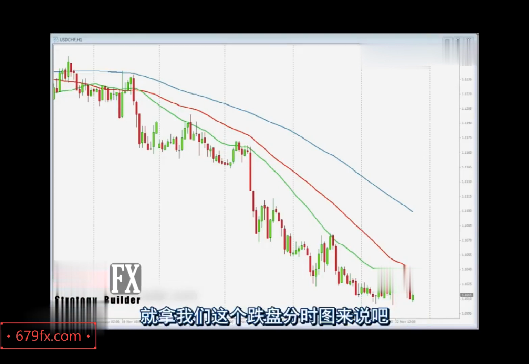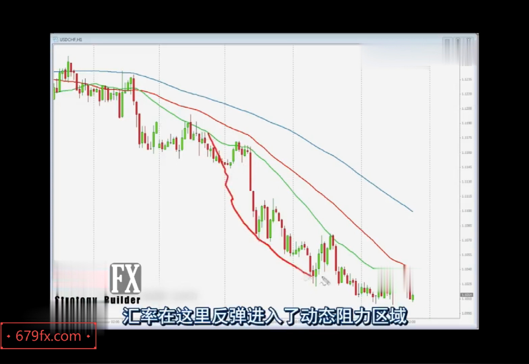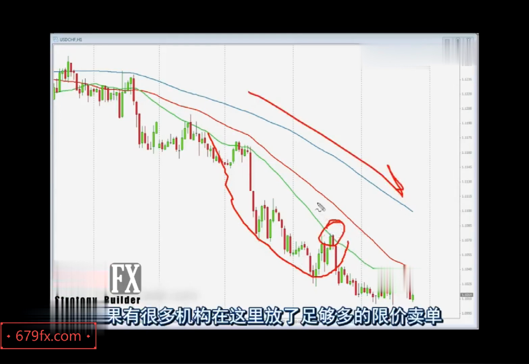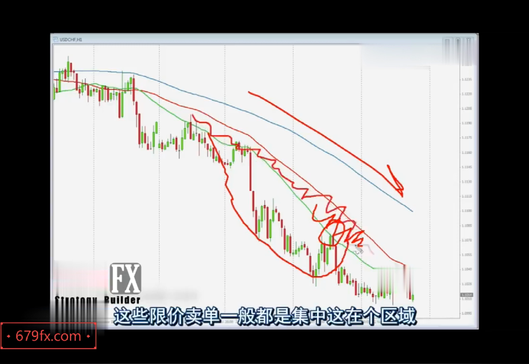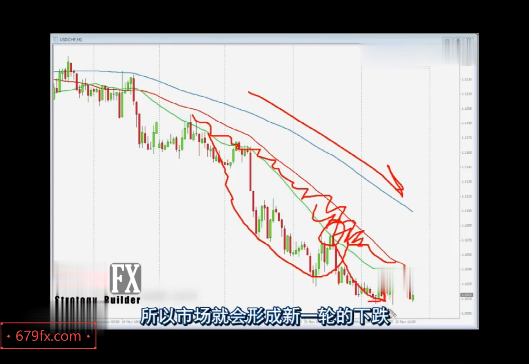If we are in this clear downtrend, and price pulls back to the dynamic area of resistance, if we have enough limit orders stacked up at this area from different institutional banks, different hedge fund managers, etc., to create a new swing, those limit orders will be stacked up in this area between the 30 and the 50, and therefore, bang, a new swing will be created.